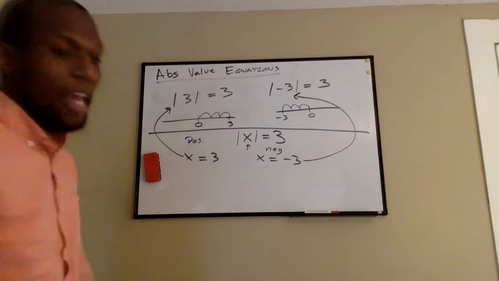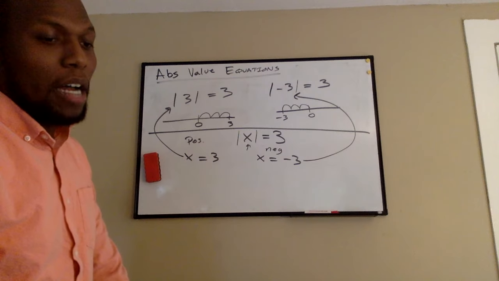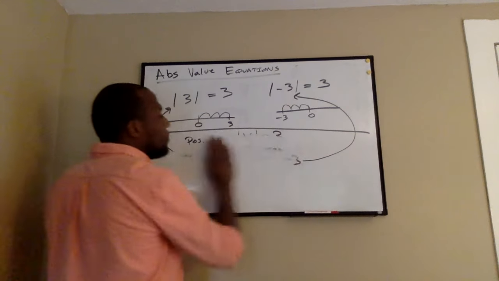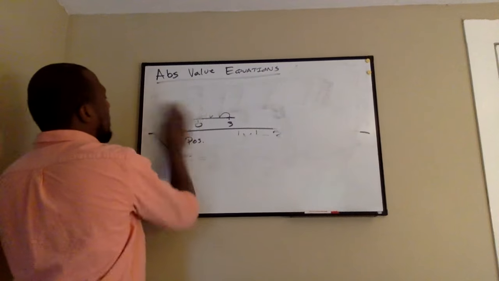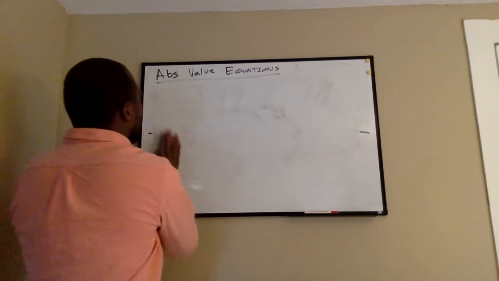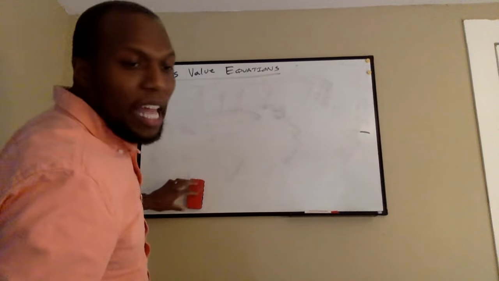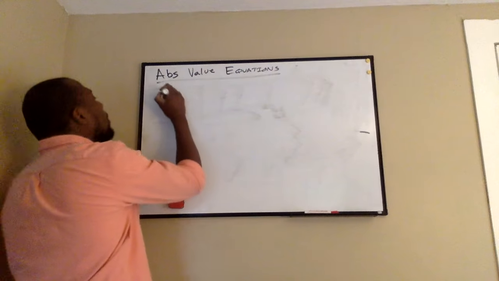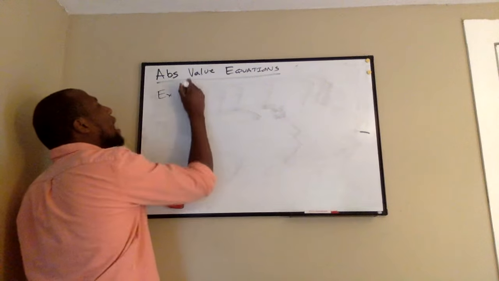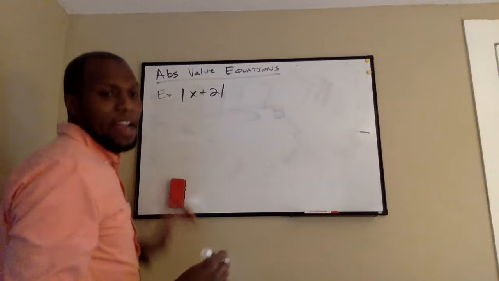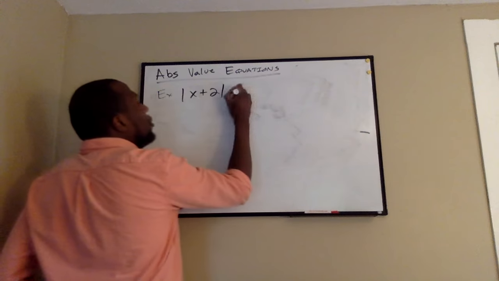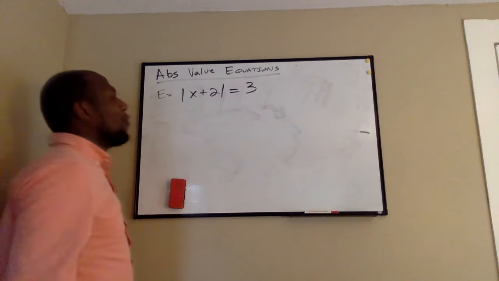Let's look at a more complex example. Previously, we just did the absolute value of x. Now, in our example, let's do the absolute value of x plus 2, and let's set that equal to 3.